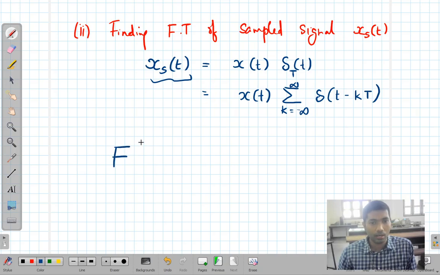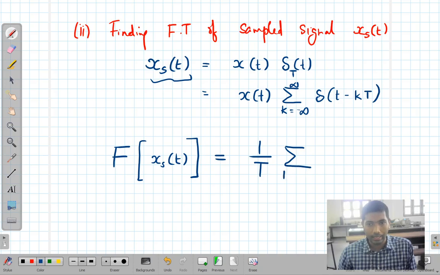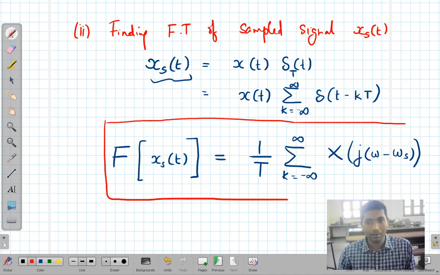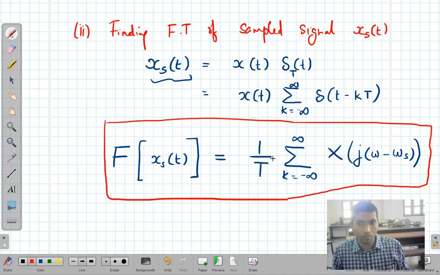So the Fourier transform of the sampled signal is given by 1 by capital T summation k equal to minus infinity to plus infinity X of j omega minus k omega s.